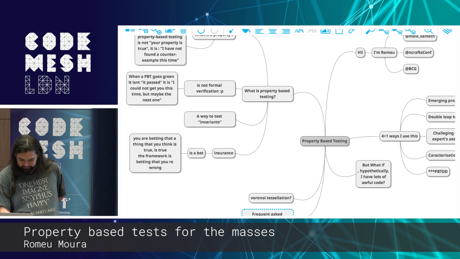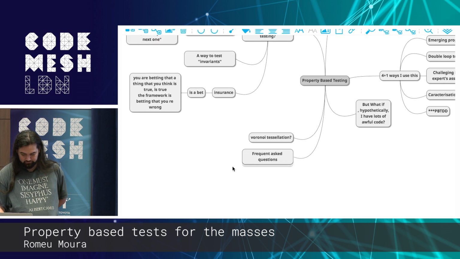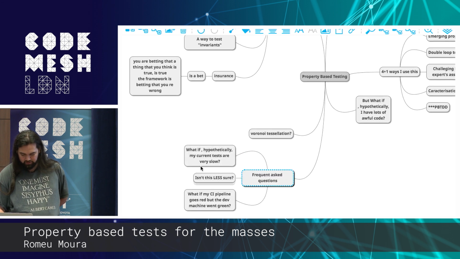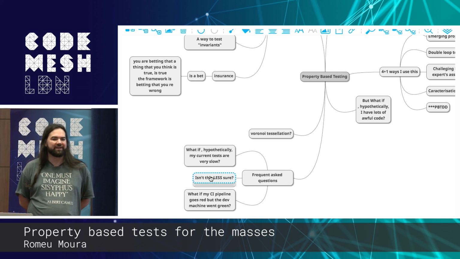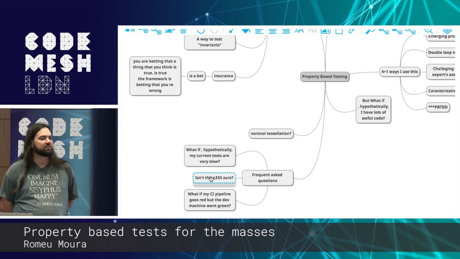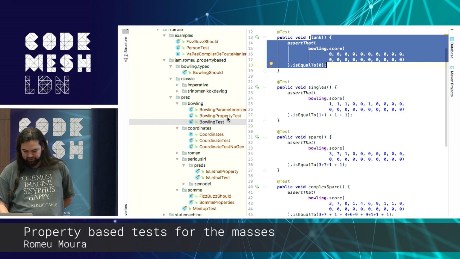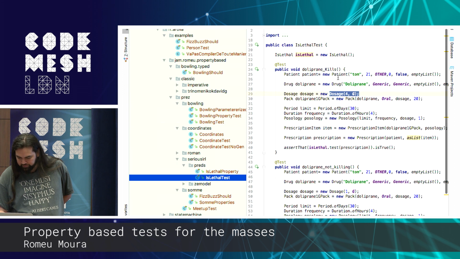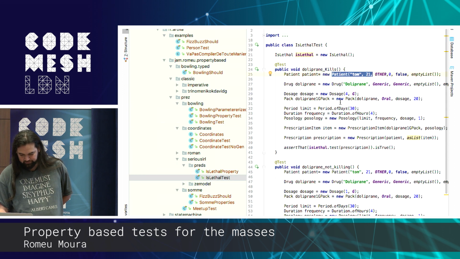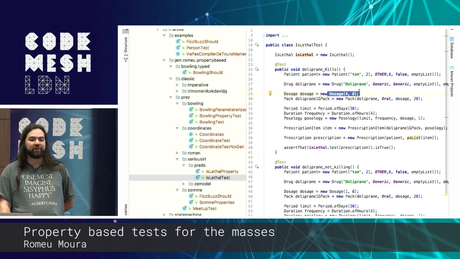At this moment, usually I have very frequent questions. One is, isn't this less safe? I mean, I'm using random as input. Isn't random bad? If you're really afraid, you can mix in some fixed values, and what you don't care about, random.